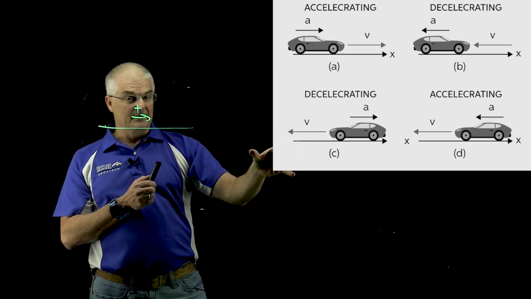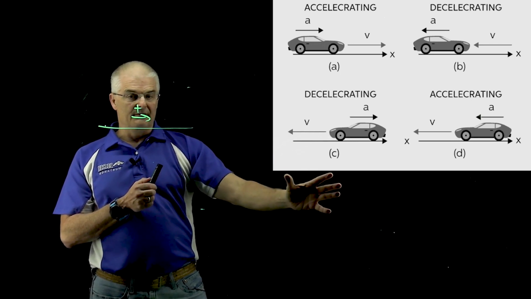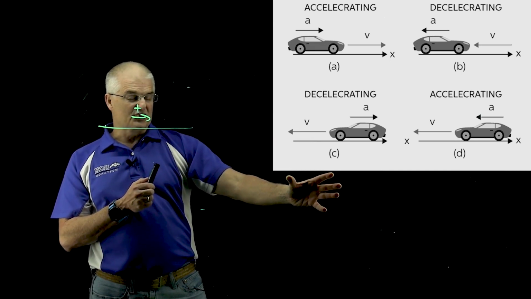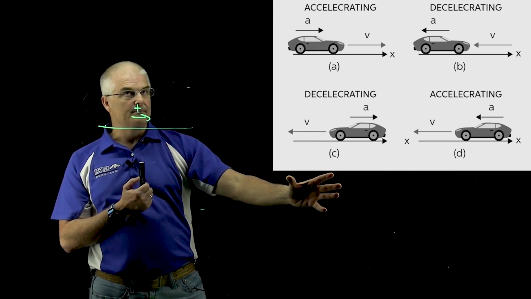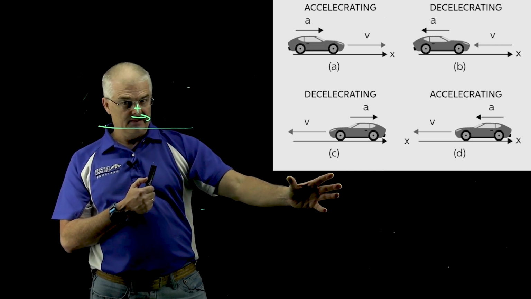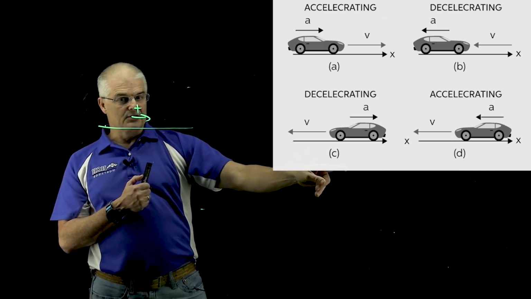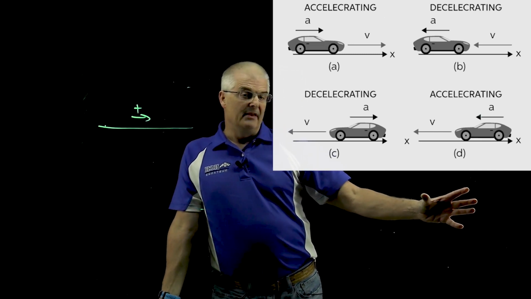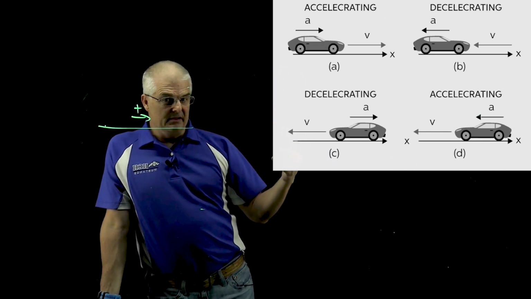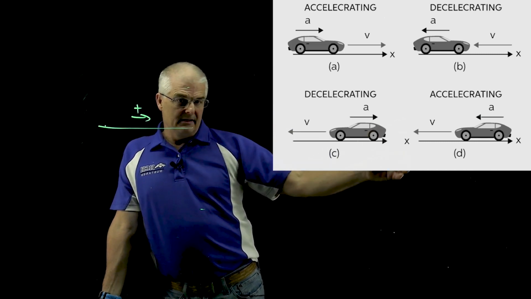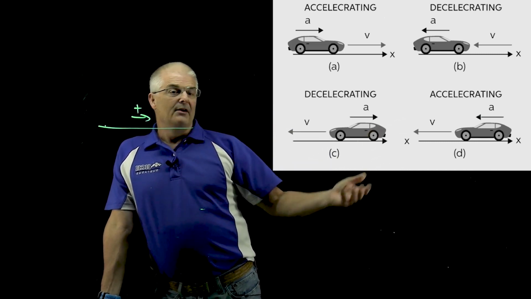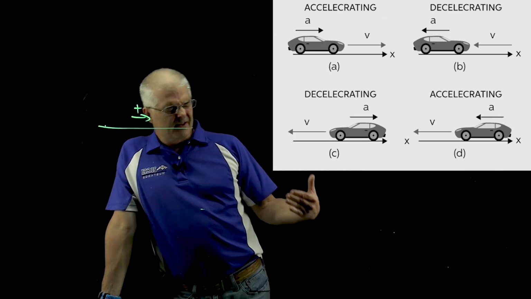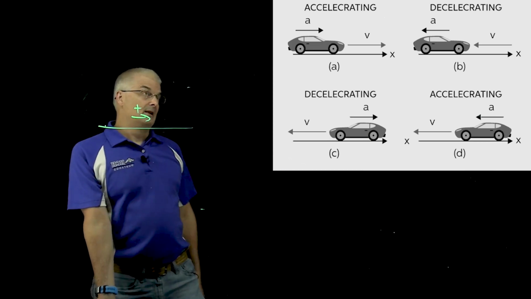Okay, in figure C, they're putting the brakes on, so they're slowing down in an absolute sense, but that makes the acceleration to the right. And in picture D, they are increasing their speed, right? They're accelerating. In this case, as they accelerate, the acceleration is negative even though they're getting faster because they're moving in the negative direction.